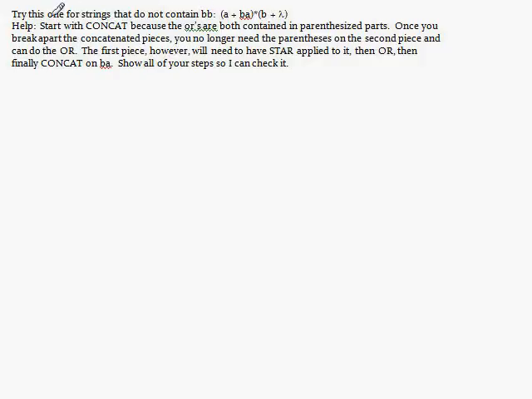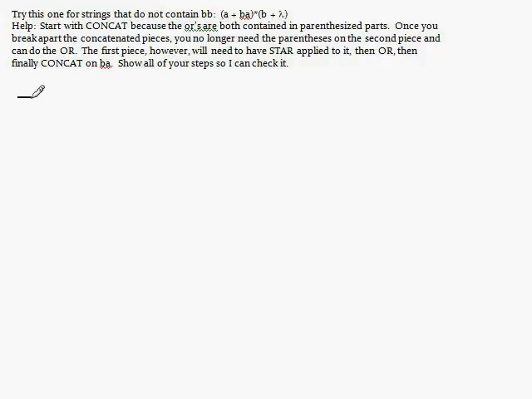Okay, now it says: help. Start with concatenation because the ors are both contained in parenthesized parts. Once you break apart the concatenated pieces, you no longer need the parentheses on the second piece, and you can do the or. The first piece, however, will need to have star applied to it, and then or, and then finally concat on the BA. Show all your steps so I can check it. Okay, so that's what we're going to do here.